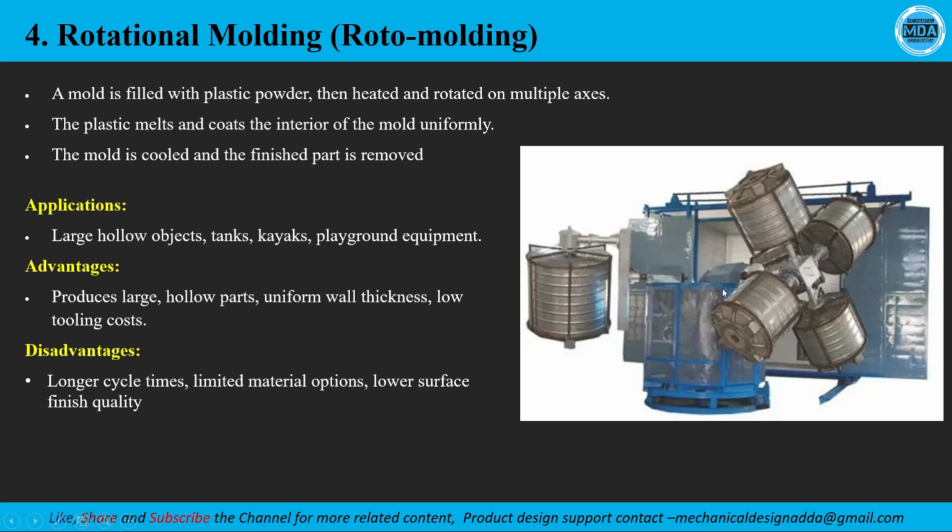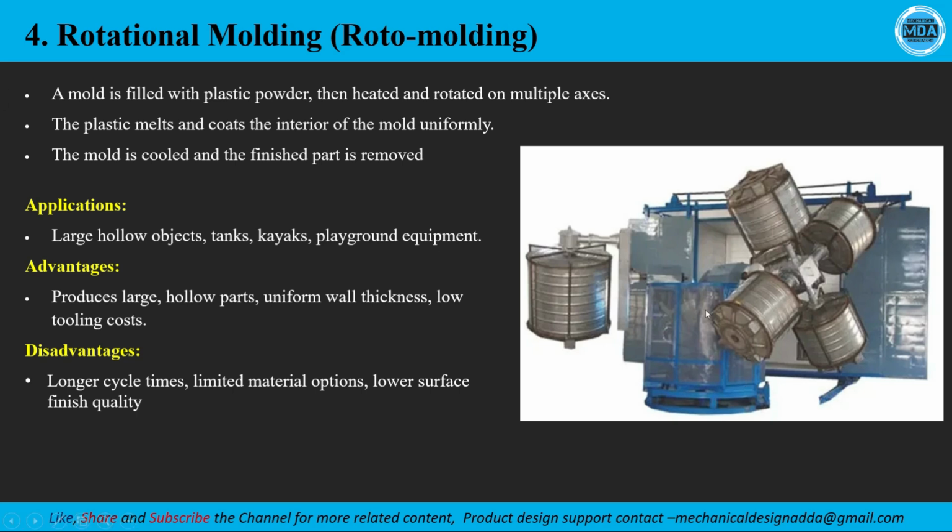The process contains feeding of the material, heating of the material, and the mold is continuously rotating. After the feeding of the material into the mold, it goes to the heating chamber, then to the cooling chamber, and after the cooling we eject the part.